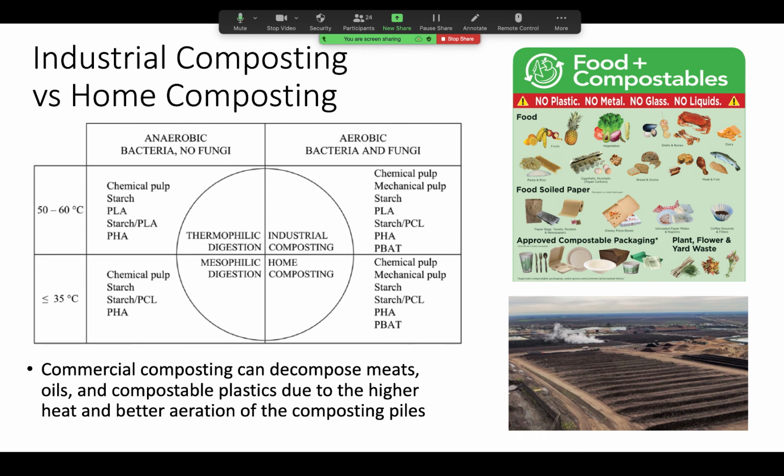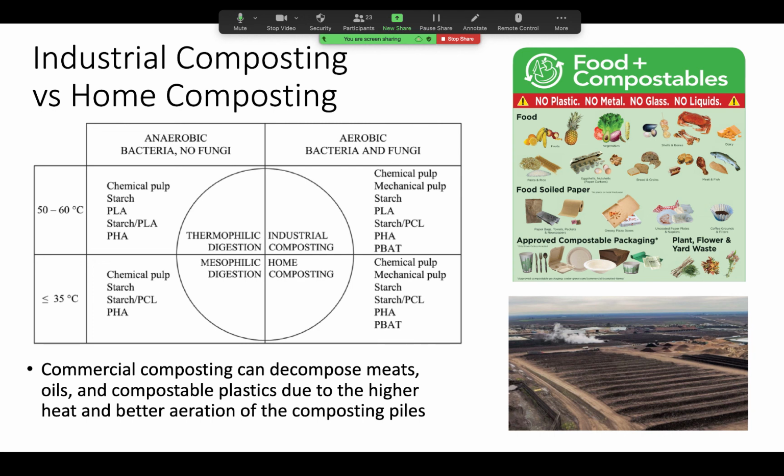And industrial composting gets first chopped up into little teeny pieces. And if you remember your freshman chemistry teacher telling you that more collisions make more reactions, that's really the core of it. The fact that it has much more surface area, you can get a lot more of the enzymes and the microbes to interface with it, and you'll have a much faster digestion. Plus, the temperatures inside get much, much hotter.